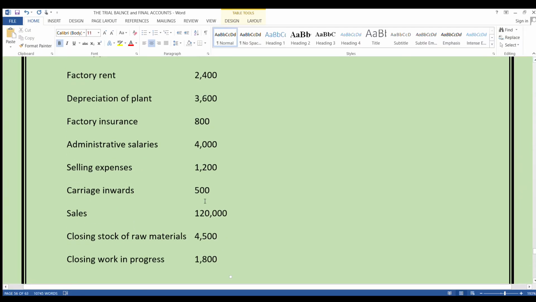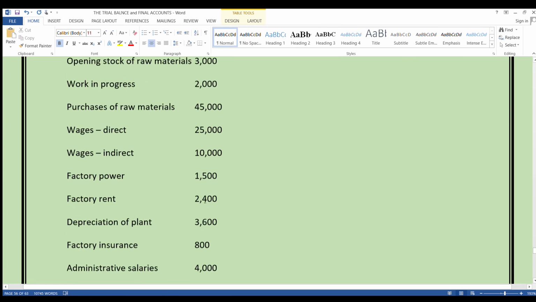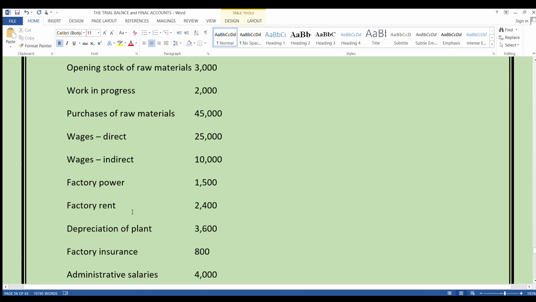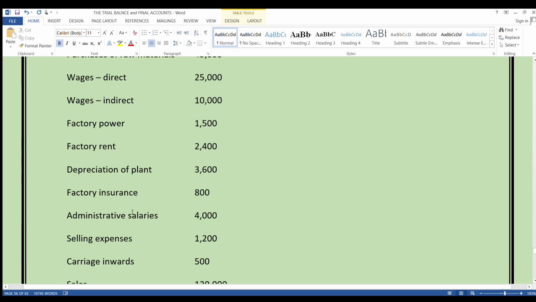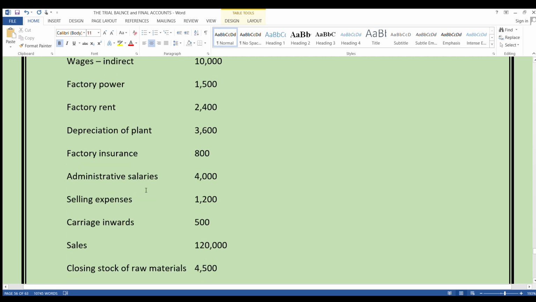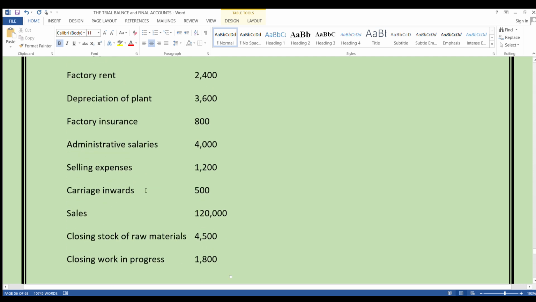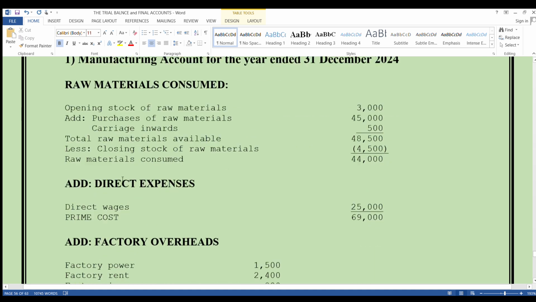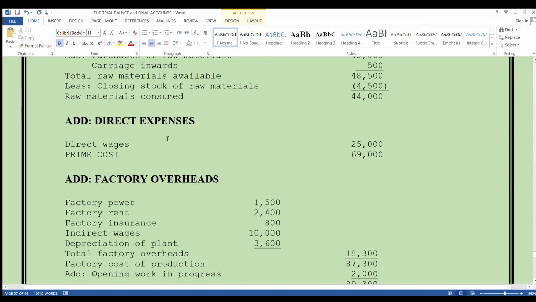We have work in progress, purchases of raw materials, wages, factory power, it's indirect, factory rent, it's indirect, depreciation of plant, it's indirect, factory insurance, it's indirect, administrative salaries, it's indirect. So our direct expense is just one, which is direct wages, which is 25,000.